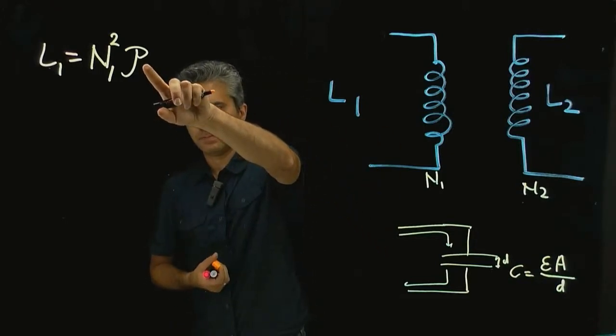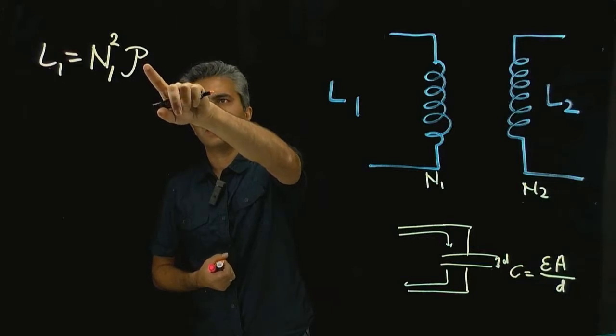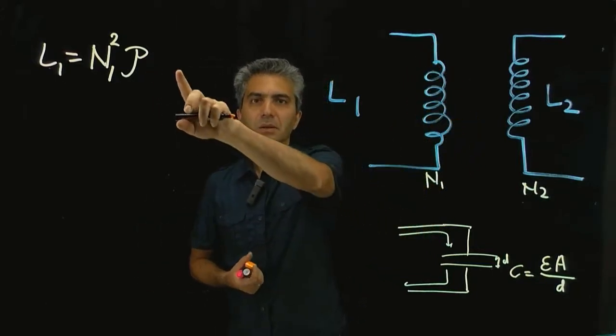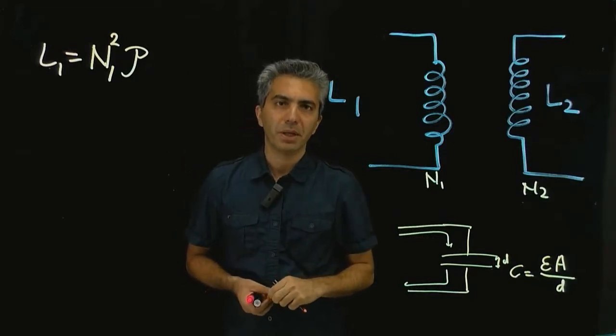And this permeance is basically a function of the material property of the medium, which is called permeability.